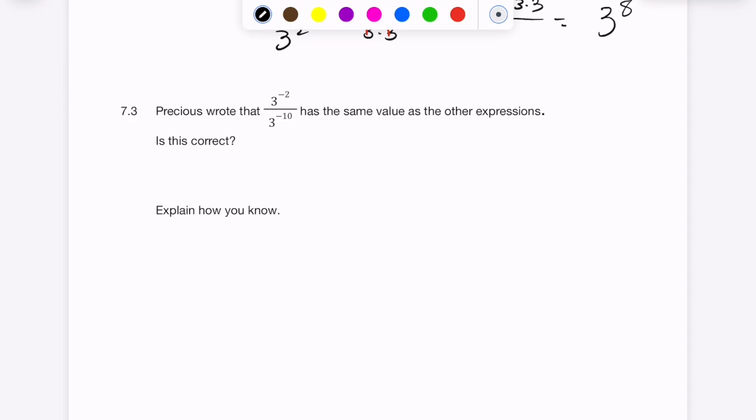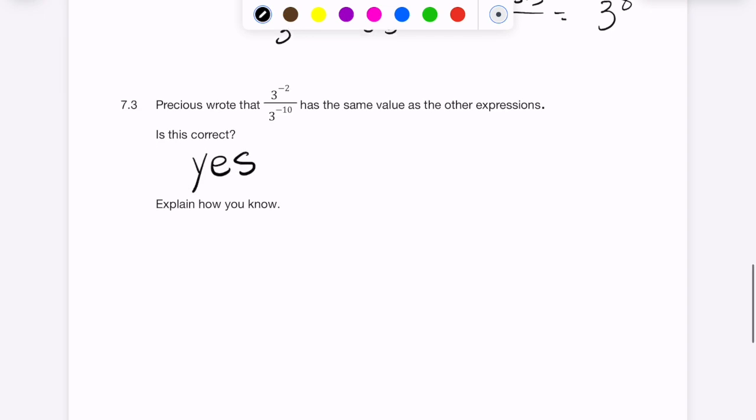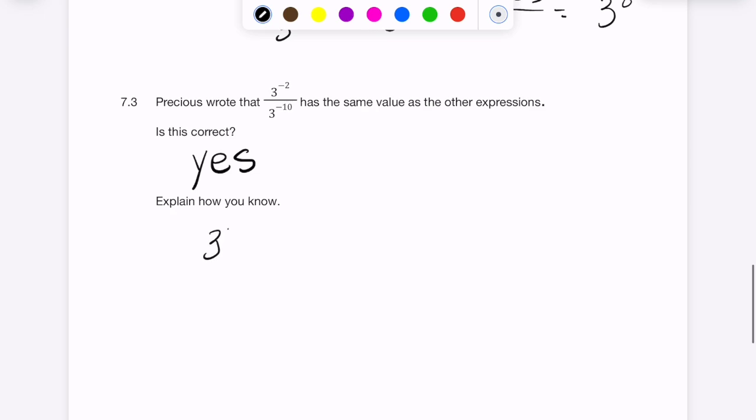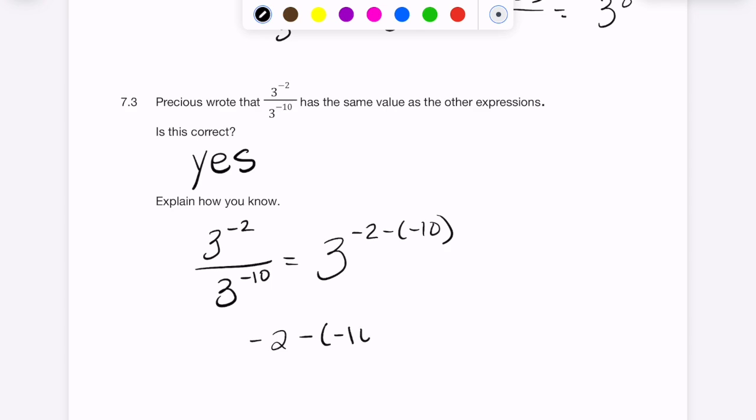Okay, so yes, this is correct, and this will be our work to figure it out. So 3 to the negative 2nd power divided by 3 to the negative 10th power. Here we're dividing powers with the same base, so we keep the base, we subtract the exponents. Okay, so we have to figure out what is negative 2 minus negative 10.